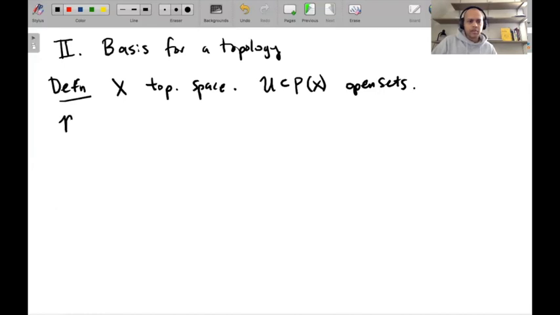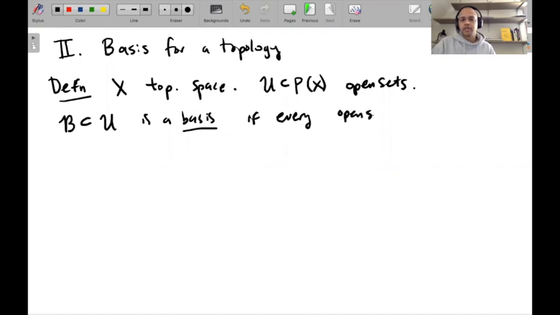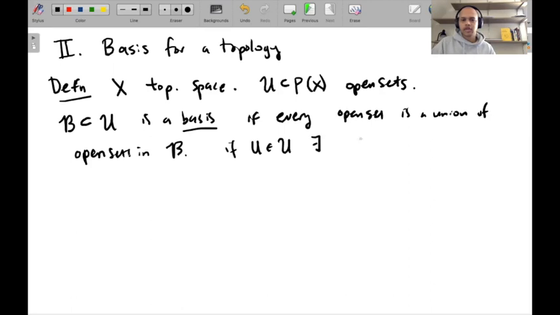Then we say that B, a subset of U, is a basis if every open set is a union of open sets in B. That is to say, if U is in U, there exists some collection B alpha in script B so that U is a union of these B alphas.